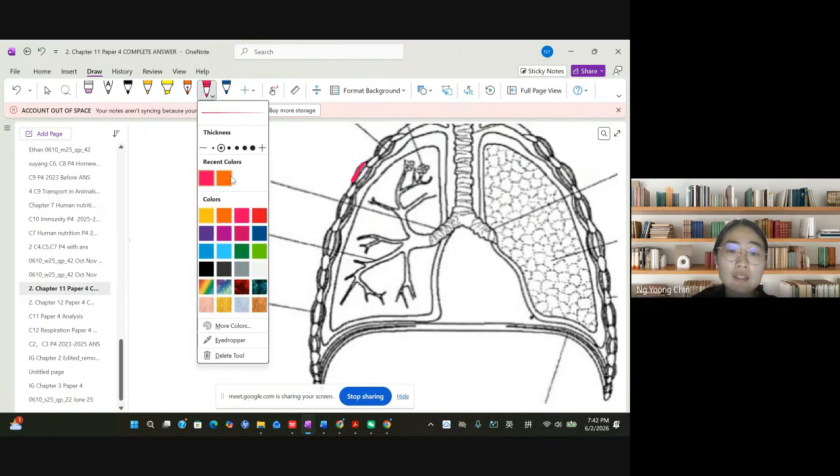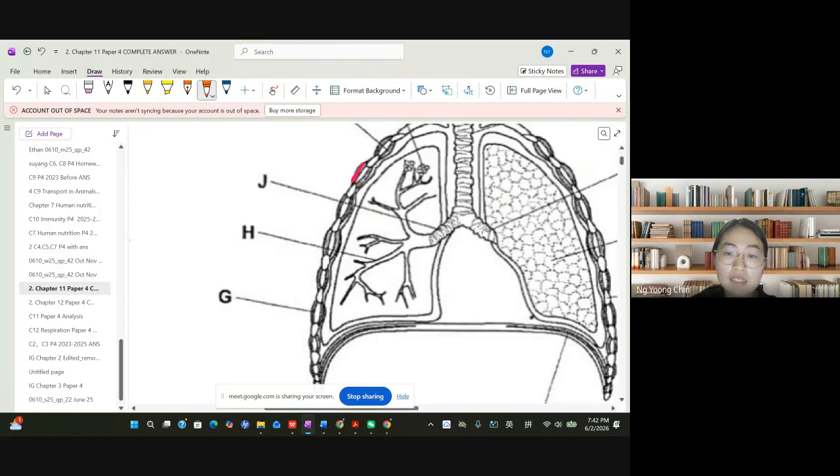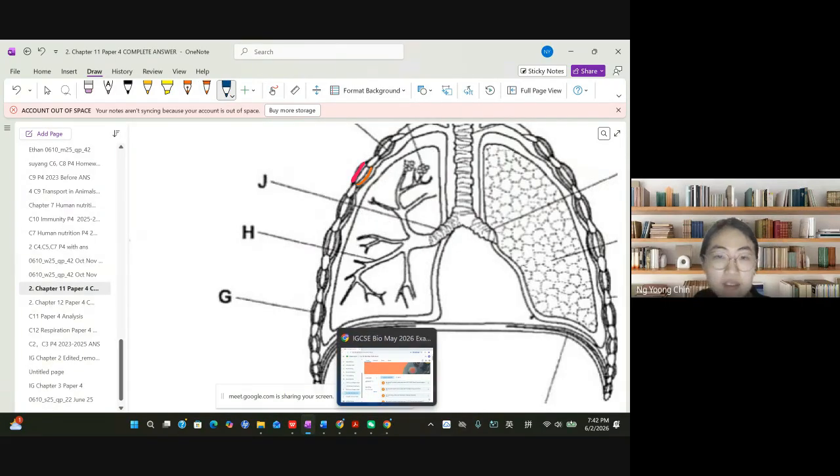Here will be the other intercostal muscle. Then you tell me, the pink color intercostal muscle, is it referring to external or internal? What's the answer? Internal or external? The pink color. External.